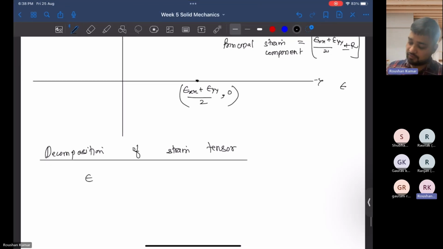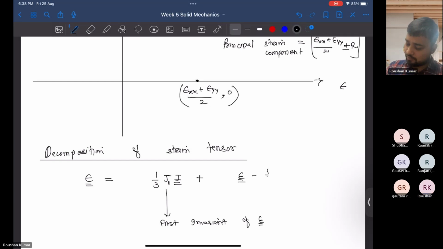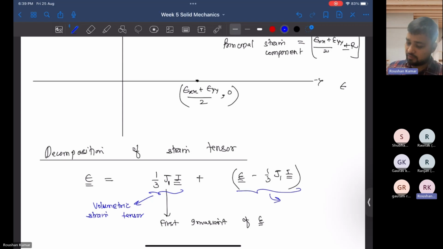So epsilon, the infinitesimal strain tensor, can be broken into two parts: 1/3 J1 times identity, where J1 is nothing but the first invariant of the strain tensor, plus epsilon minus 1/3 J1 times identity. The first part is called the volumetric strain tensor, and this part is referred to as the strain deviator.